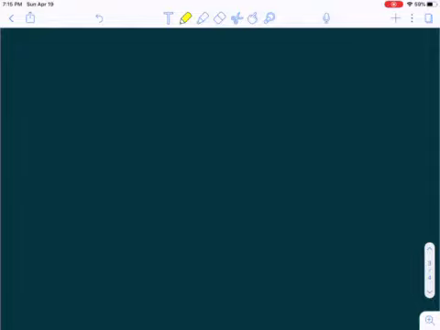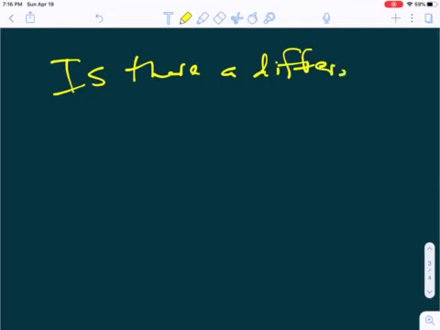All right? And I guess the next thing I would ask is, how is this different from a normal coefficient? Is there a difference? And the answer is not really.